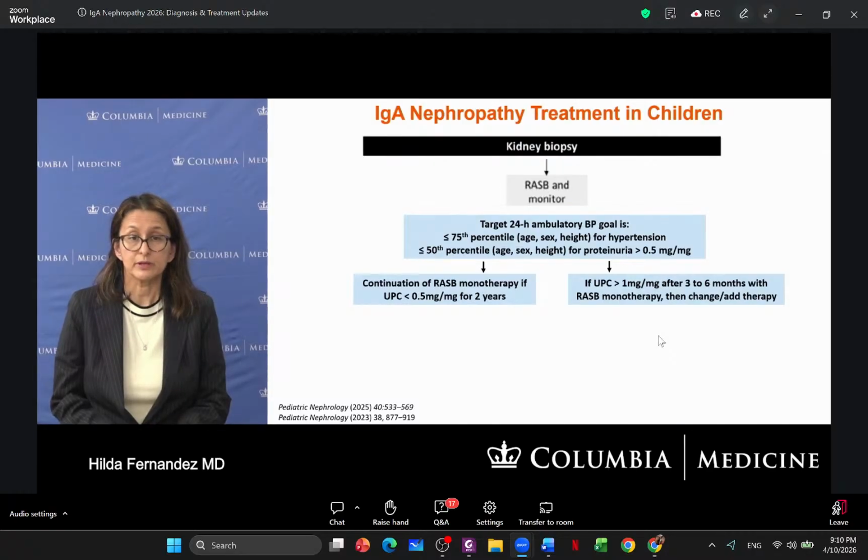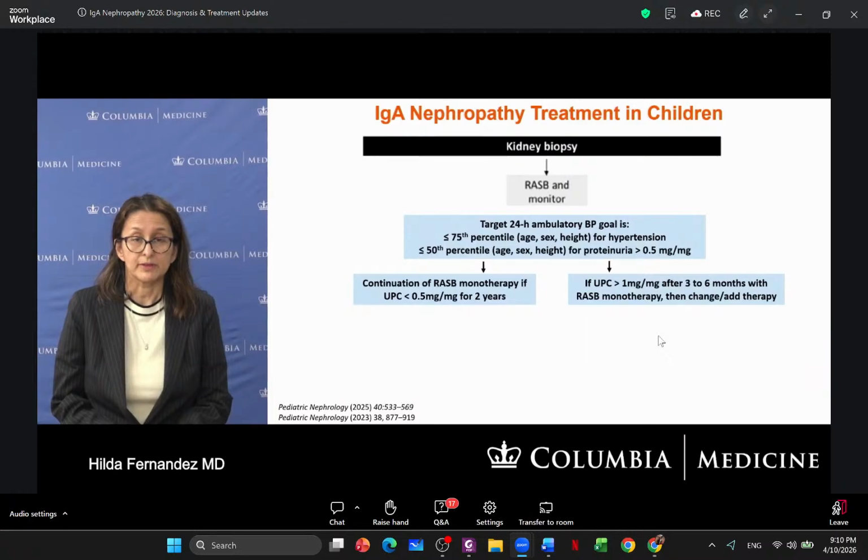So what we're trying to do is first get patients that need to be treated with RAS inhibition to certain goals. If they have just high blood pressure, then we want to control that to less than the 75th percentile for their age, sex, and height. If they have proteinuria more than 0.5, then we would like to keep that even lower in order to improve outcomes.